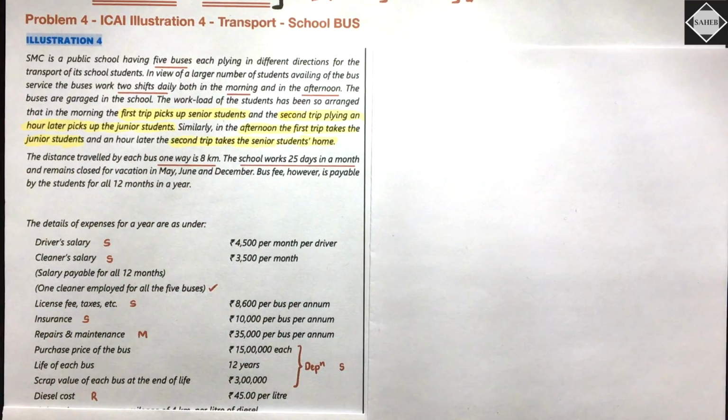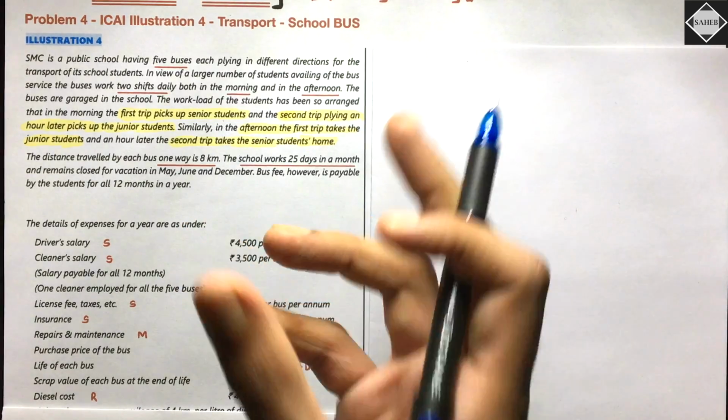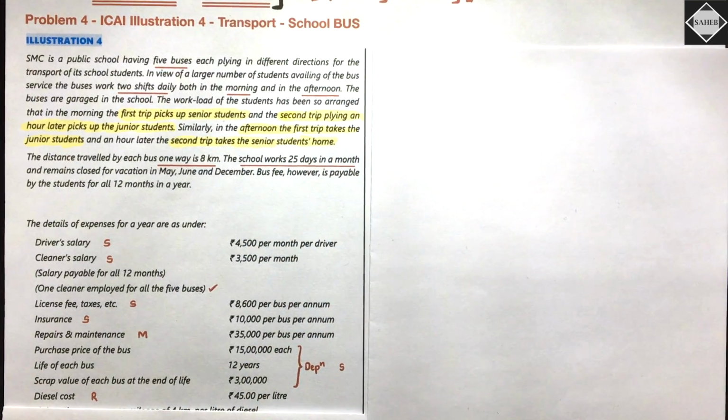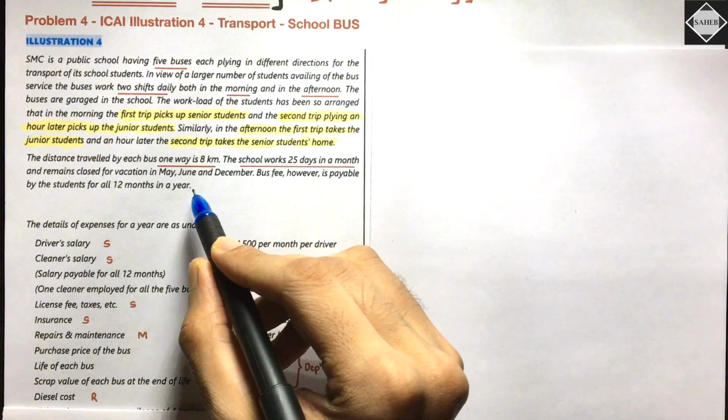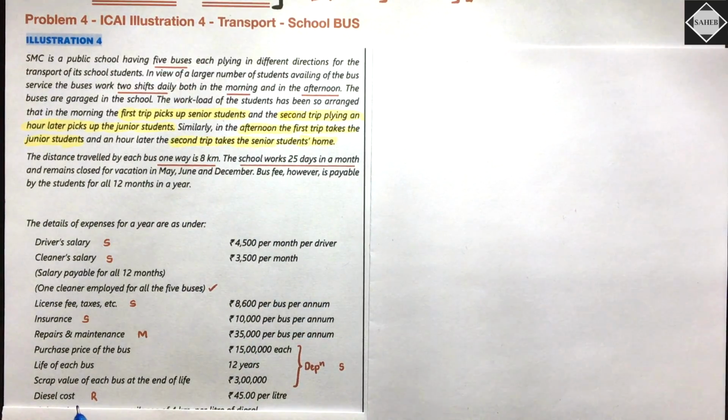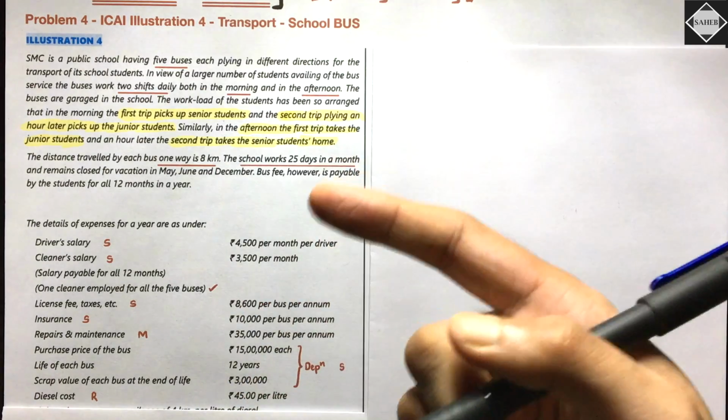You all know 45 rupees per liter they have said. So you know how to calculate that. You need to know how much actual kilometer has been traveled by our school buses. On that basis, we will calculate the diesel cost, right? Isn't it? So here it becomes very important that you give proper attention to the actual operating months, right? Because diesel will be paid only when the buses run, right?